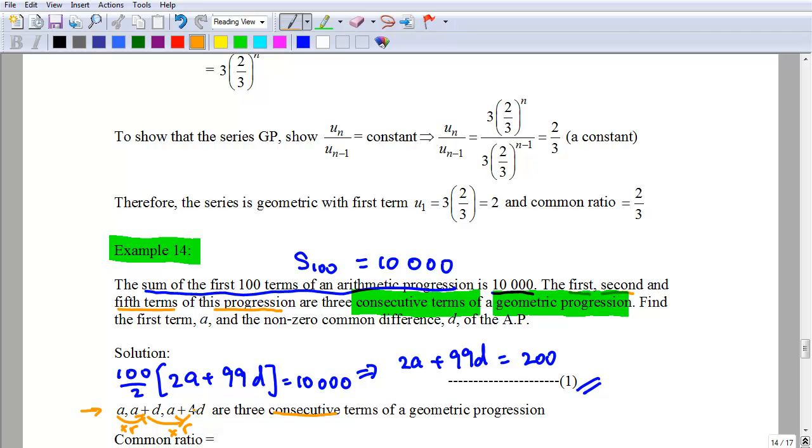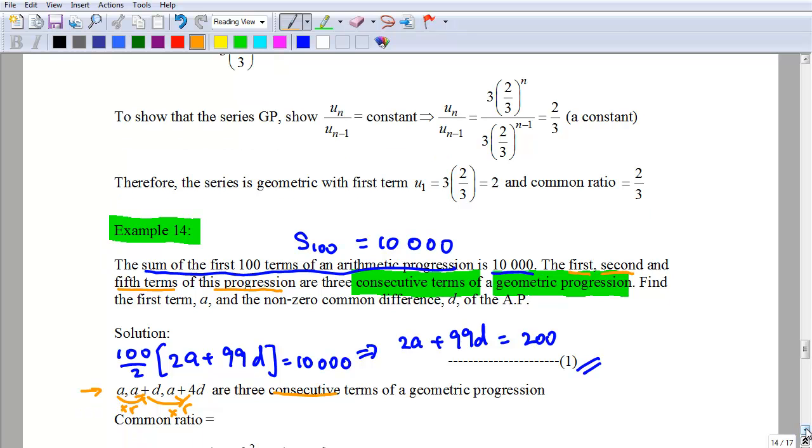From here, if we represent the common ratio r with a and d, we can write the common ratio as the second term a plus d divided by the first term a. The common ratio can also be given by a plus 4d, the last term, divided by the term before it, which is a plus d. So this is important for us to deduce from the second statement.